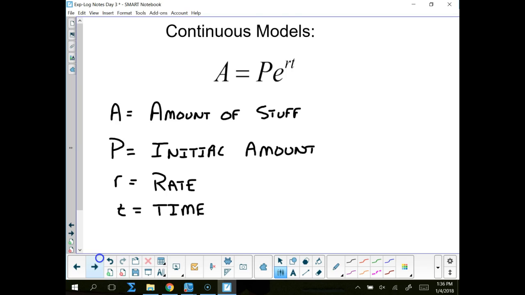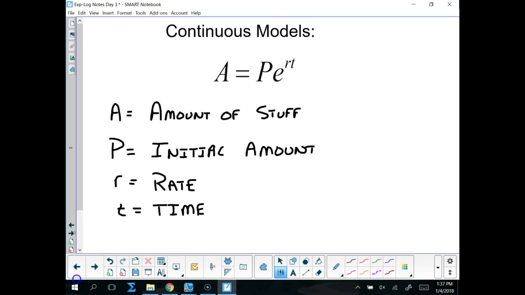If time is given to you in minutes, then you use it in minutes. If time is given in hours, you use the same formula in hours. If time is given in decades, you're still good. It's whatever time frame your problem is, that's what the time is. It doesn't have to be in years, like in the compound interest formula.